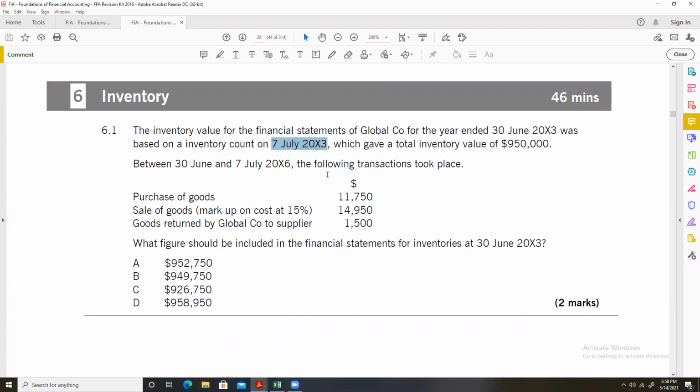On 30th June, these goods were actually in the stock, and during the period between 30th June and 7th July, these goods were sold to some customer, and they went out from the stock.